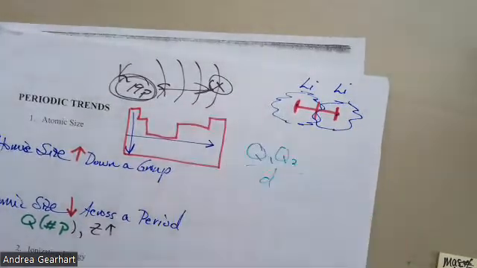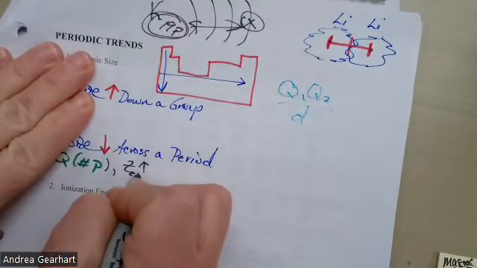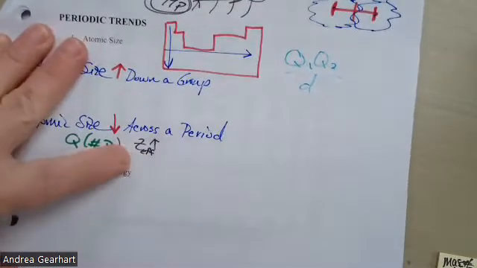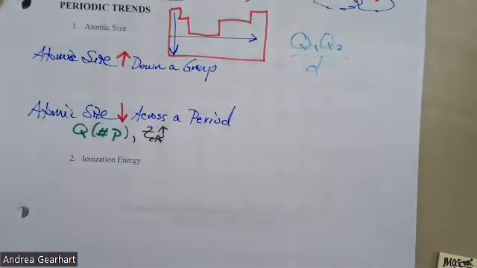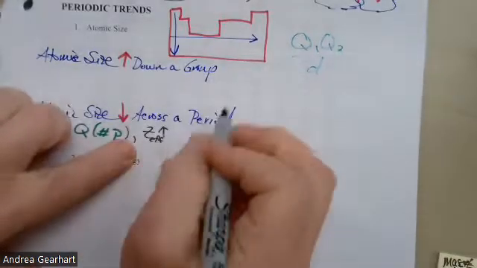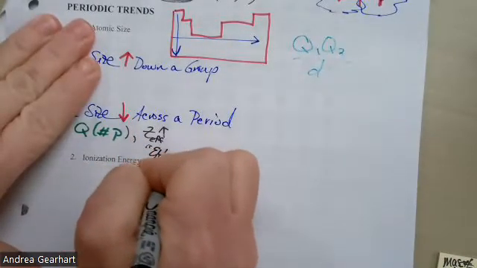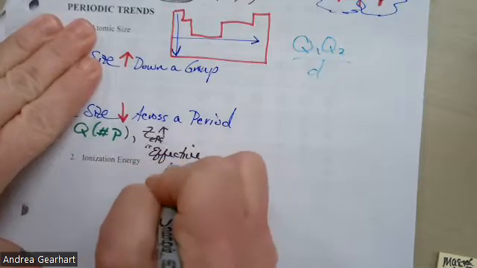All right. So because of that, we put a little EFF. It's the effective nuclear charge. It's just acknowledging that we have electrons in the way, so it's not going to be as full of a force as if they weren't there. So it's called effective nuclear charge.